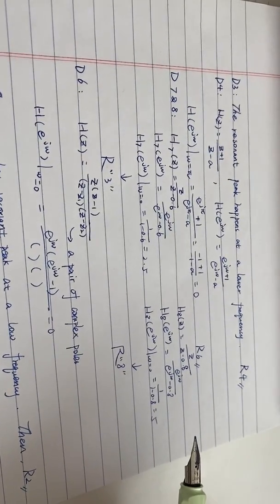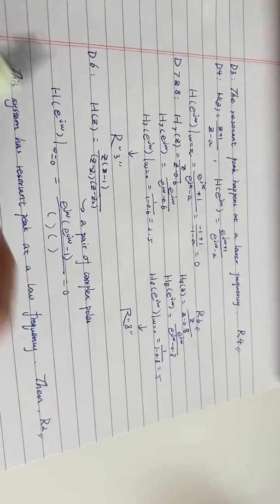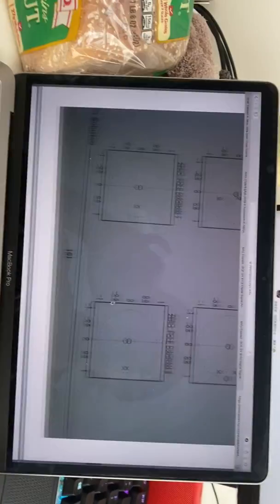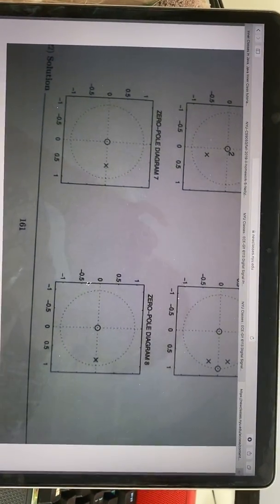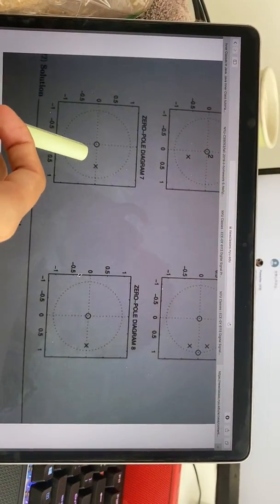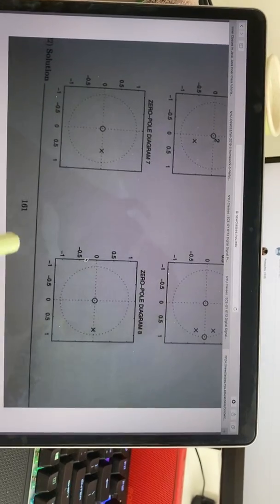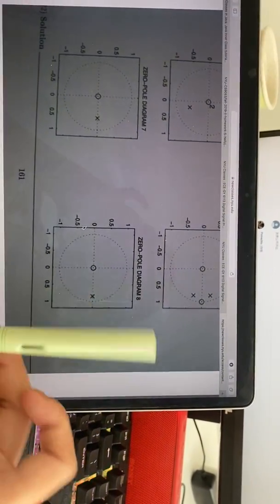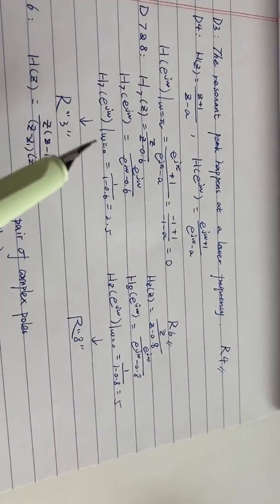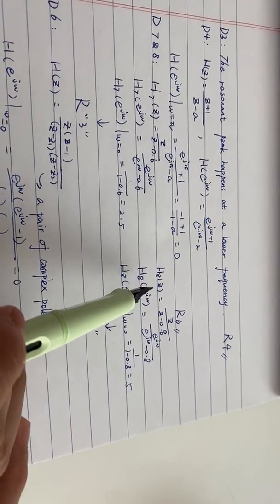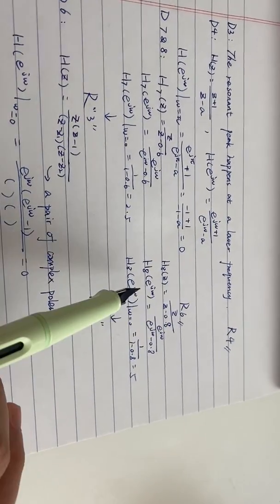And then for diagrams 7 and 8, have a look at them. The only difference is here, the pole. This pole's real part is smaller, but this one is larger. We can do these two together, get the big H, and then do the Fourier transform.